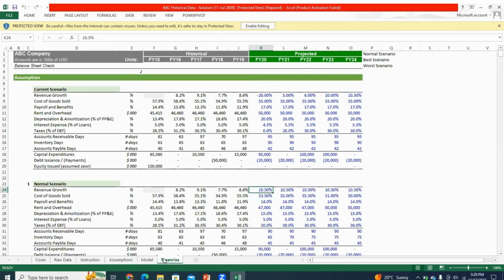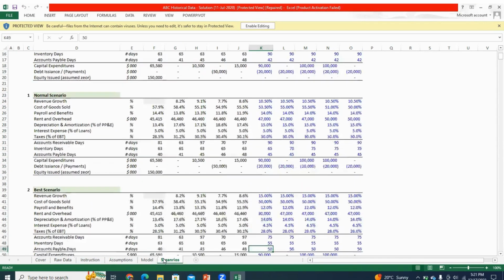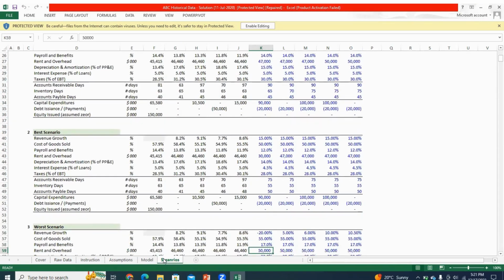In the normal, you can see financial year 2020, my revenue growth is 10.50%, whereas the current scenario has chosen 20%. Why 20%? Because I have given the case of 20.